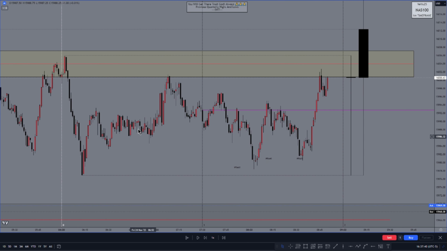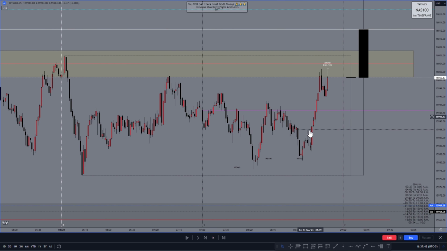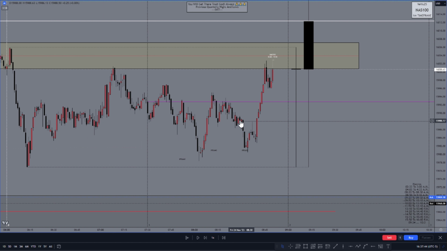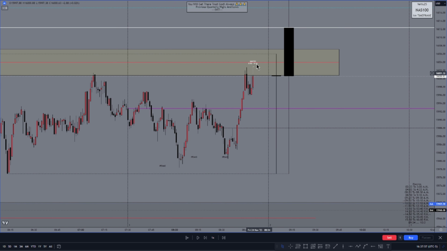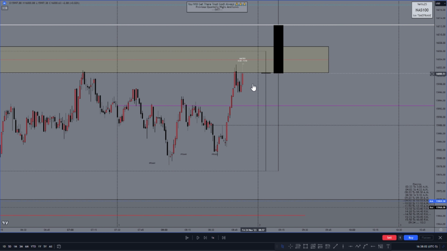So look, accumulation, manipulation. Now we are above the 8:30 opening, above the true opening right here, 7:30, and we reach for a higher time frame PD array. So what we'll do right now is wait for a displacement lower. Okay, so look at this.